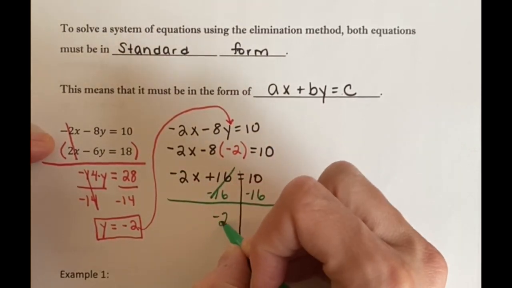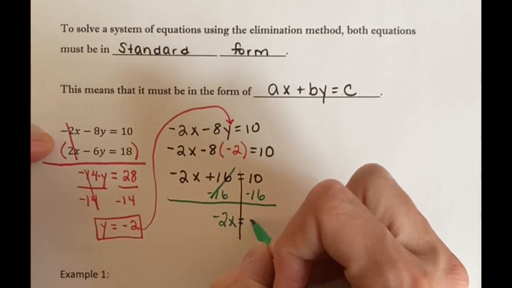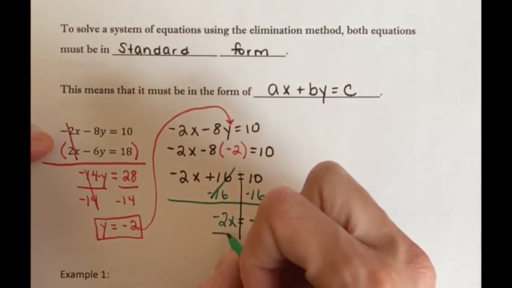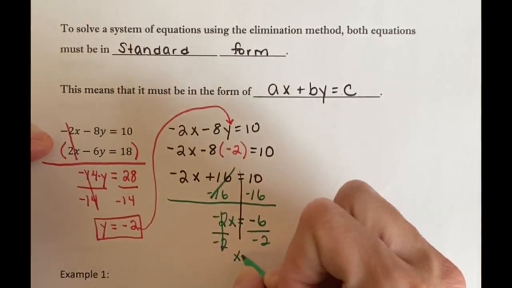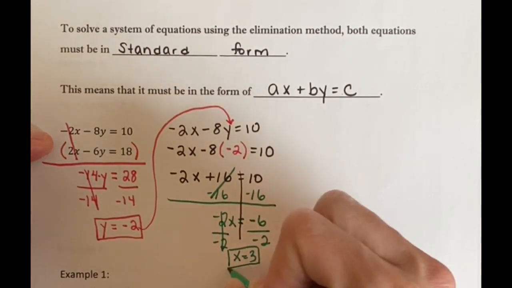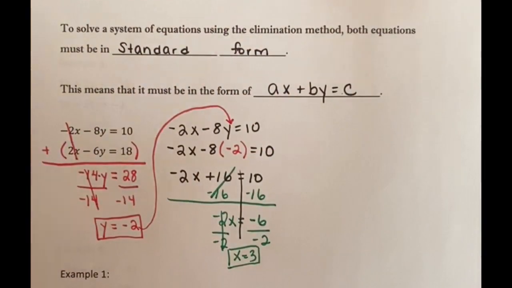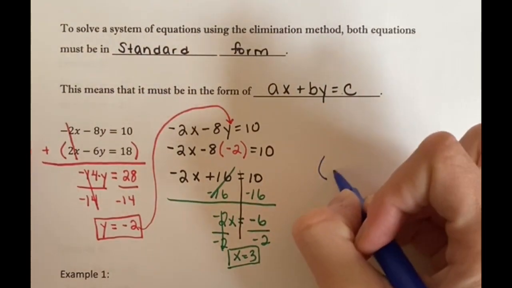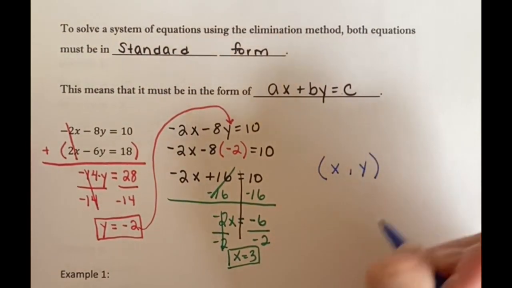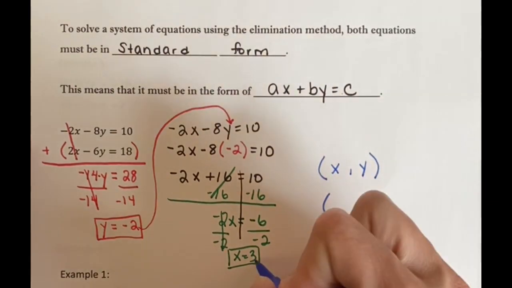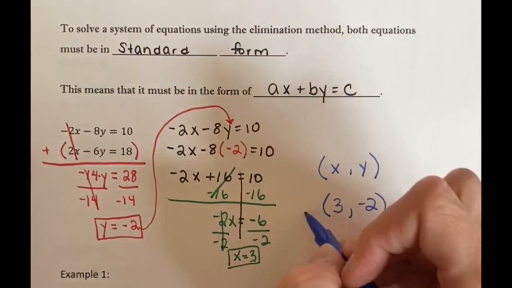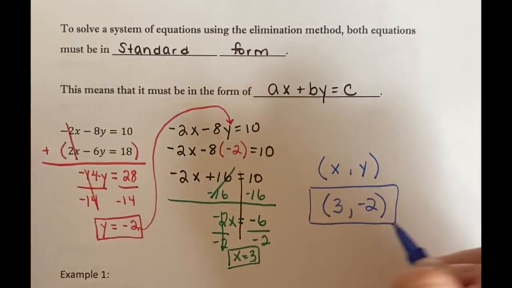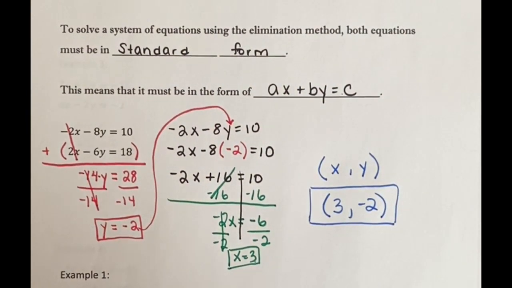And that leaves me with negative 2x equals negative 6. Then I'm going to divide both sides by negative 2. Then I get x equals 3. Then finally, I need to write my answer as my ordered pair, my x comma y. And my x is 3, my y is negative 2. And there's my solution to the system of equations.